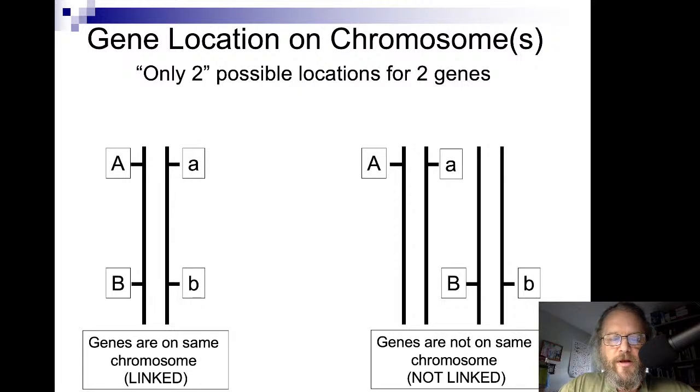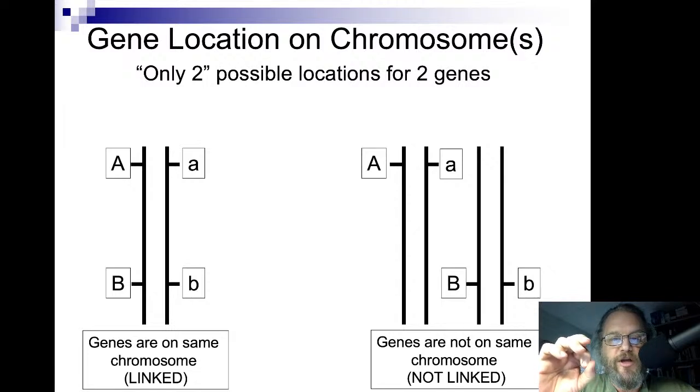And the point being linkage, the frequency of the recombinant types will be fewer and fewer the closer together the two genes are on that same chromosome. With the ultimate distance, if the two genes are on opposite ends of the chromosome or they're on two different chromosomes, the recombination frequency, which is the number of recombinants divided by the total, will be 50%.